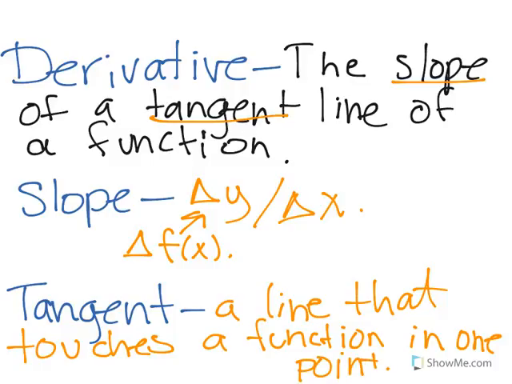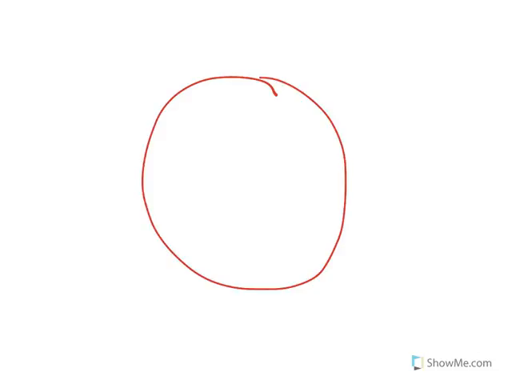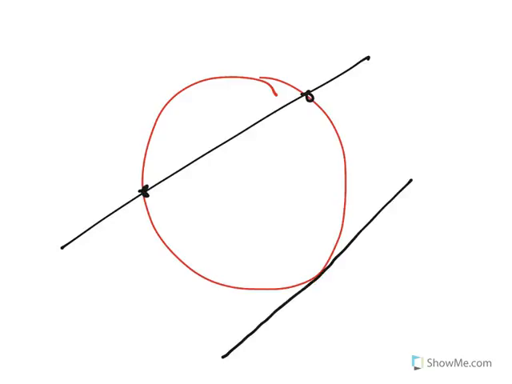As you might recall, when you have, for example, a circle, you have your secant line, which crosses the circle, touching it in two points, and then you have your tangent line, which barely touches the circle once. It's the same idea with a function.